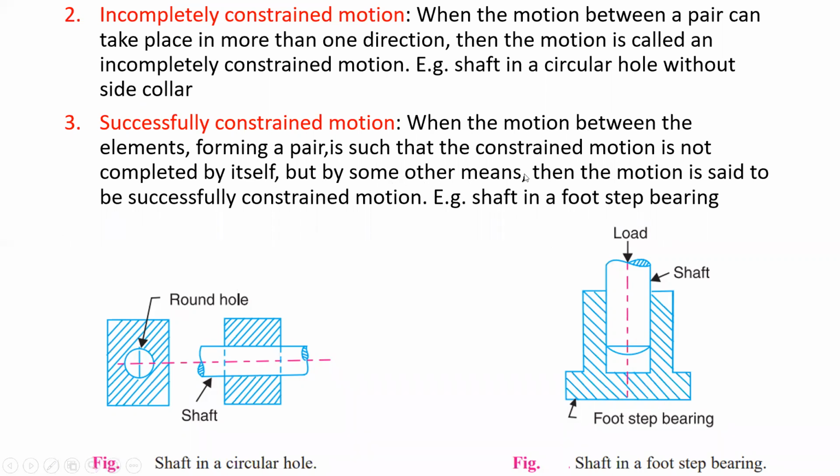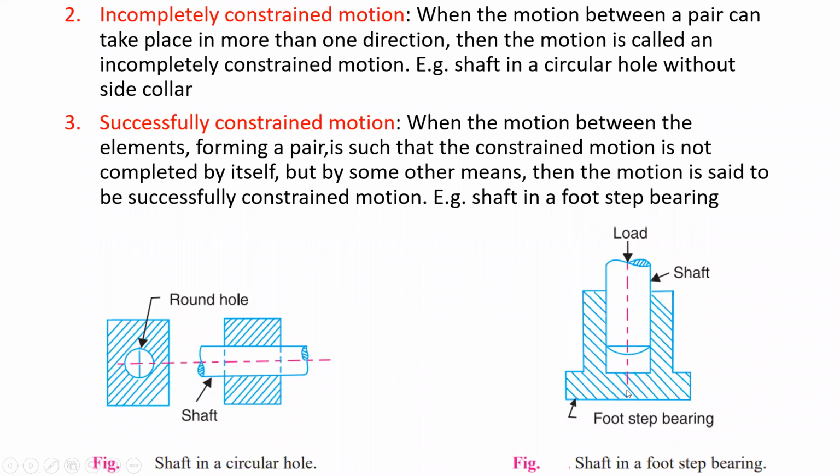By some other means or force. Then the motion is said to be successfully constrained motion. For example, a shaft in a foot step bearing. So see here, it is an example of the successfully constrained motion.